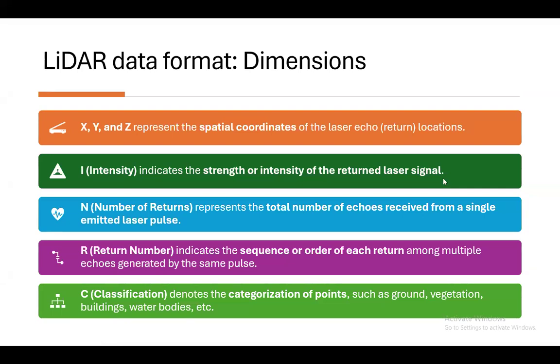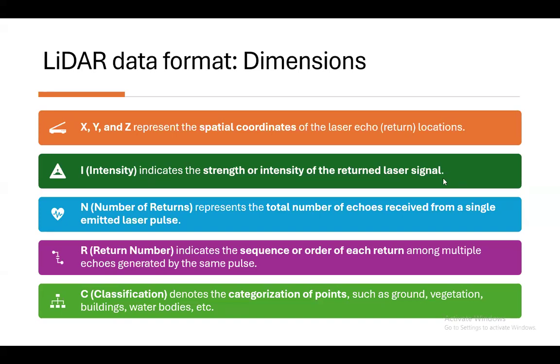So these are the dimensions I already mentioned. X, Y, Z represent the spatial coordinates. I represents the intensity, that is the strength of the returned laser signal. N is the number of returns, representing the total number of echoes received from a single emitted laser pulse.